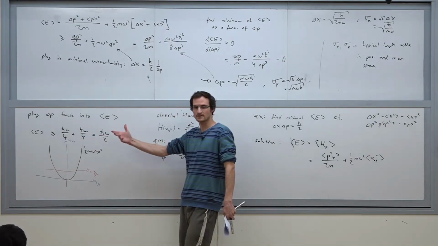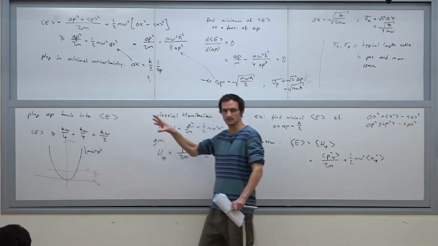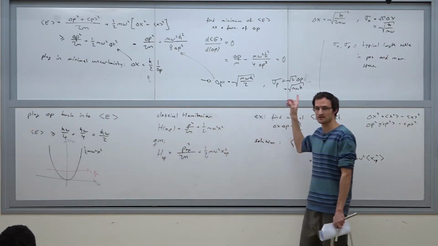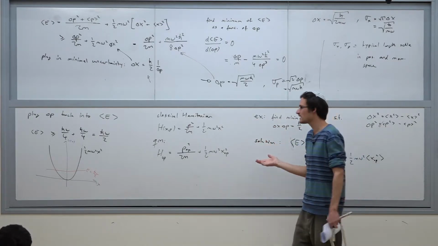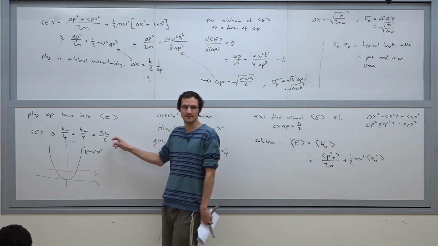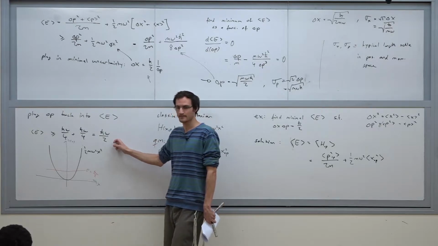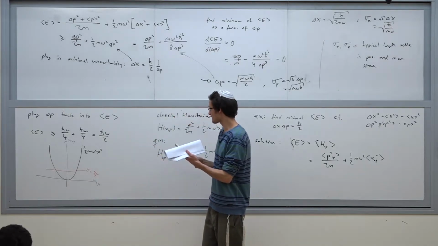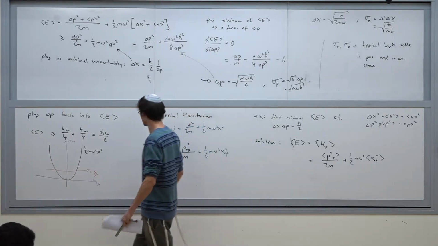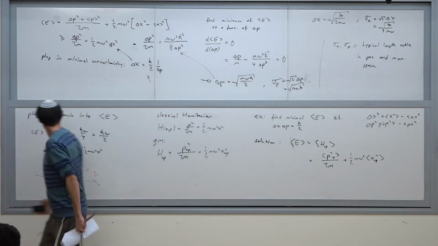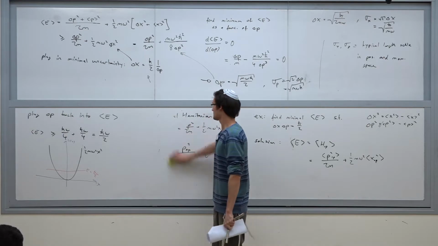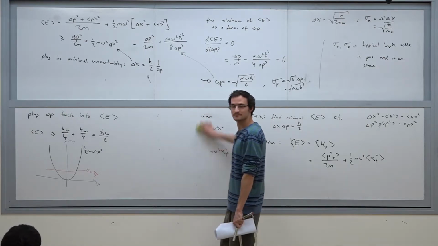So the ground state energy is exactly the minimum imposed by the uncertainty principle. It could have been larger as well. Questions about this?